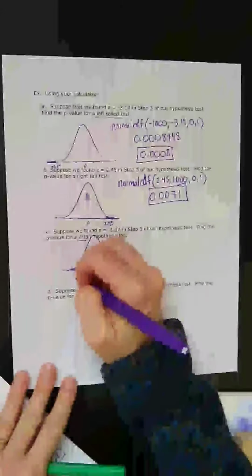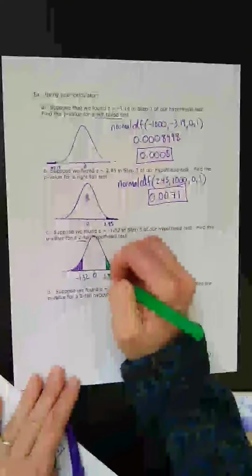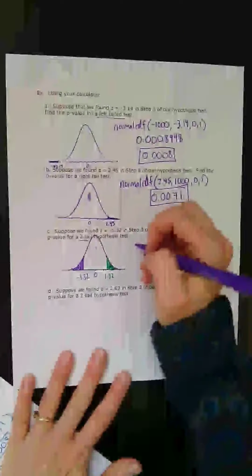So actually, I also have this over here, right? I actually have 2 tails. So I've got the negative 1.32, but then I'm also going to think about the positive 1.32. Now, what's nice is we have symmetry, so we don't have to do it twice. We can do it like this.